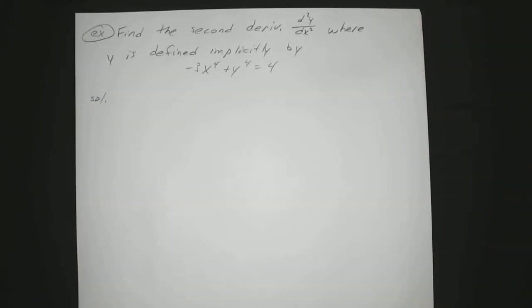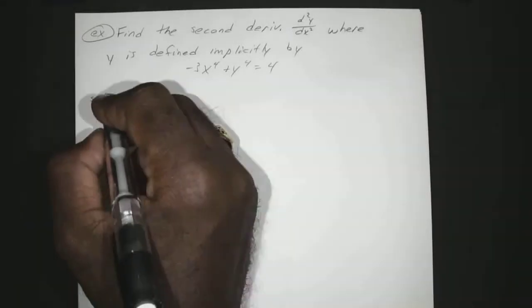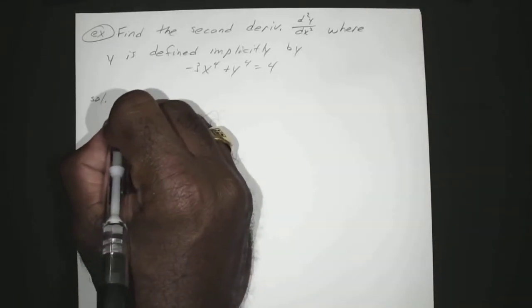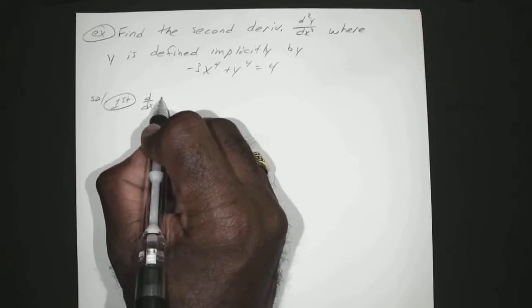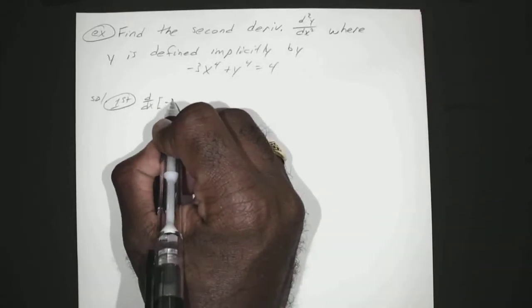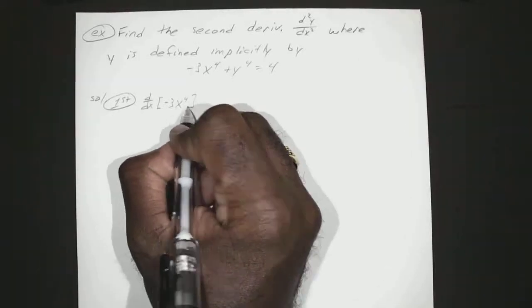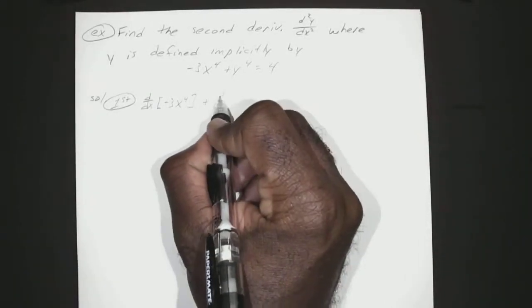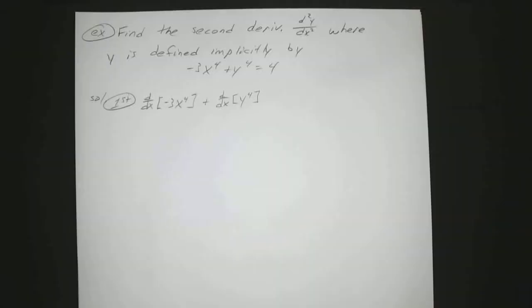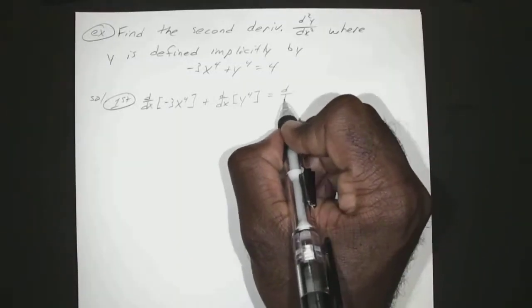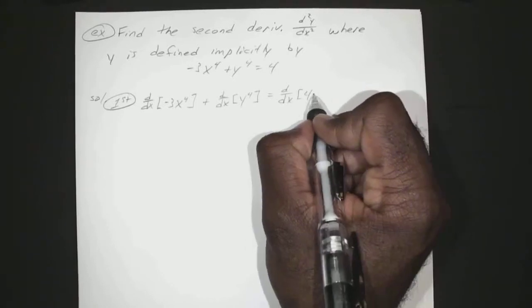Okay, so first we differentiate all the terms. So derivative with respect to x of negative 3x to the fourth plus derivative with respect to x of y to the fourth equals derivative with respect to x of 4.